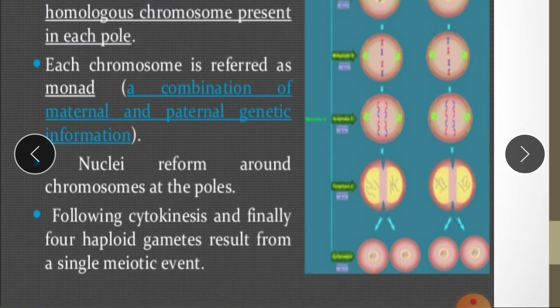So totally 4 gametes are formed. 4 daughter cells are formed at the end. Around each group of chromosomes, the nuclear envelope is formed. Nucleolus is formed inside the nucleus, and the haploid cells are formed at the end of Meiosis II.